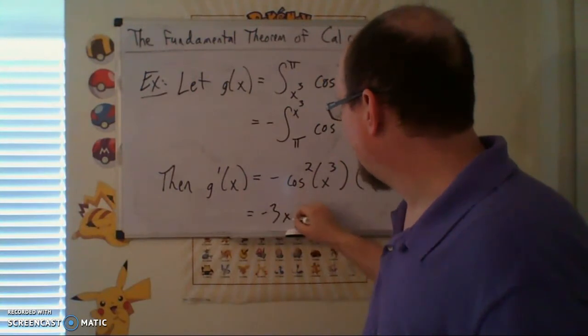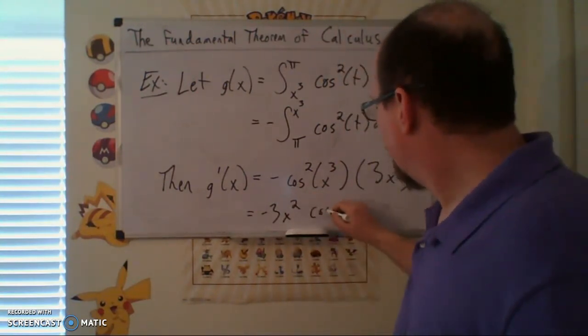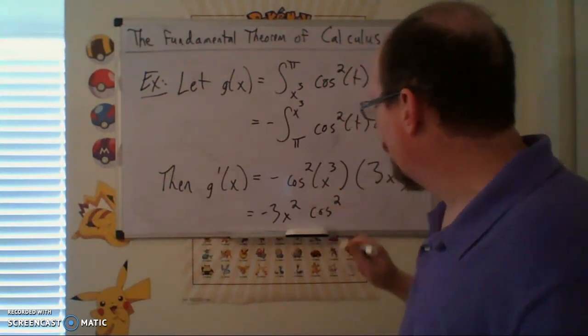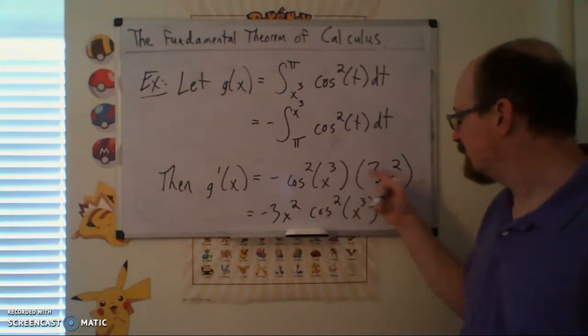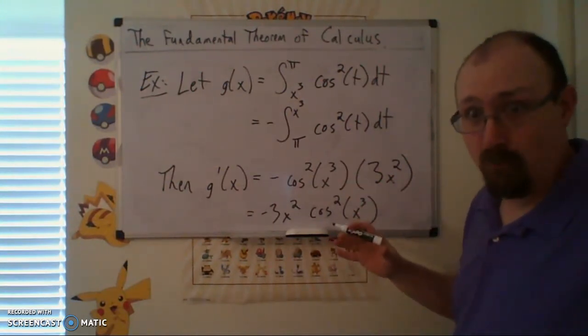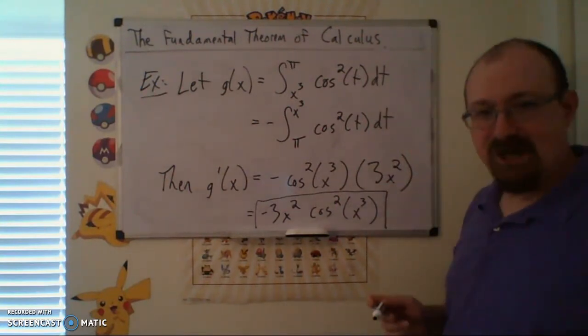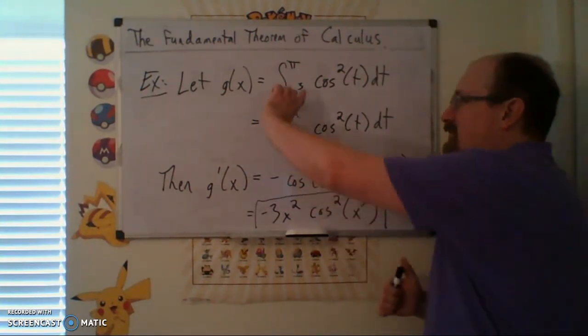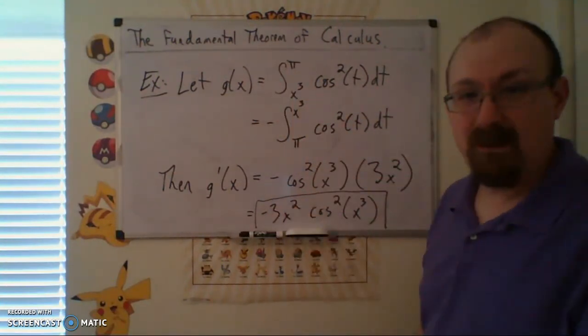And I normally like writing the 3x squared out front. It's not the end of the world if you don't, but I remember making a mistake at one point way back when I inadvertently assumed that I was supposed to multiply those two things together. You don't do that. So the chain rule and our definite integral limit swapping property gives us what we need for the derivative of this thing.